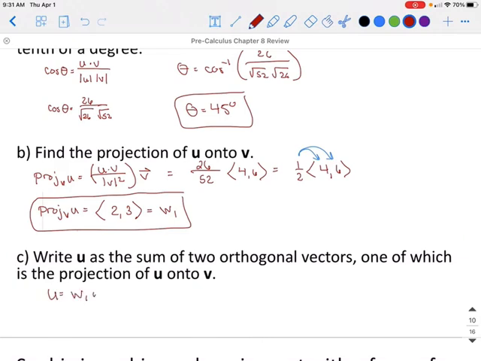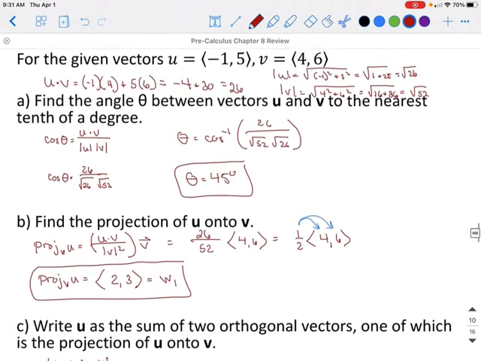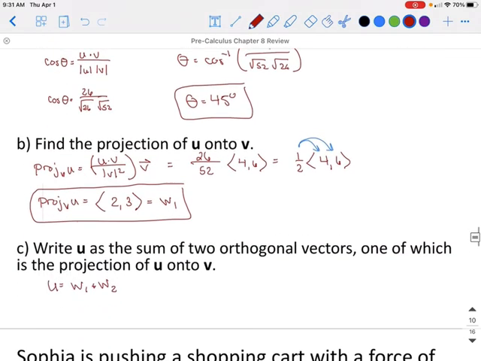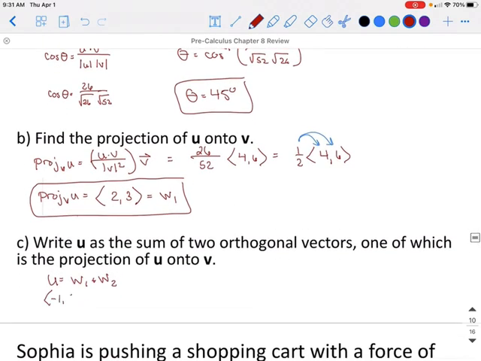Because for the next part, we need to write u as the sum of the two orthogonal vectors. Now we know that vector u is negative 1 and 5. And we know vector W1 is 2 and 3. So we need to find vector W2. To do this, we are going to subtract vector W1 to the other side.